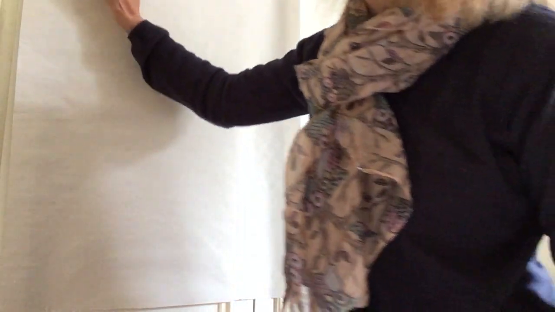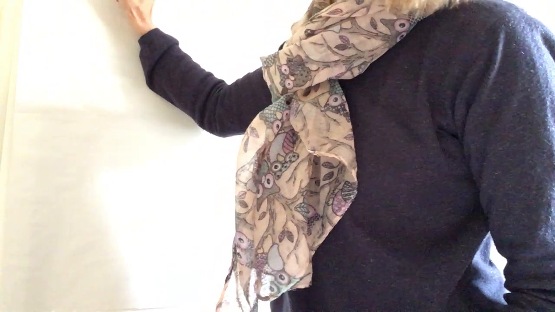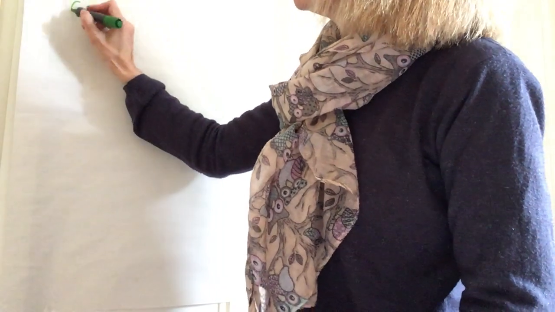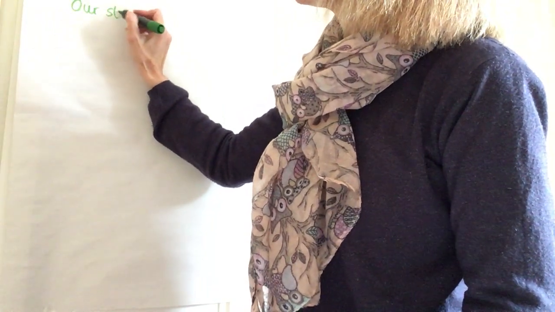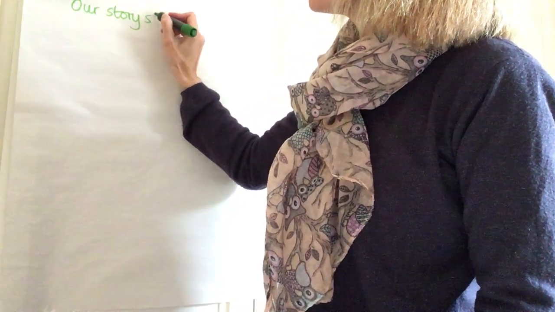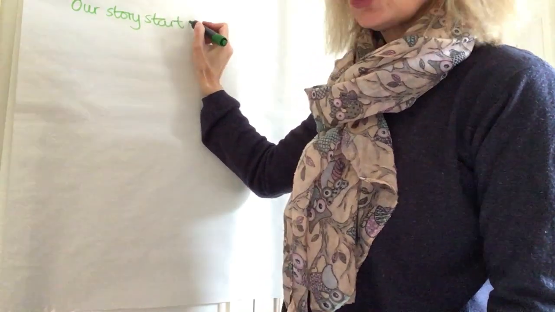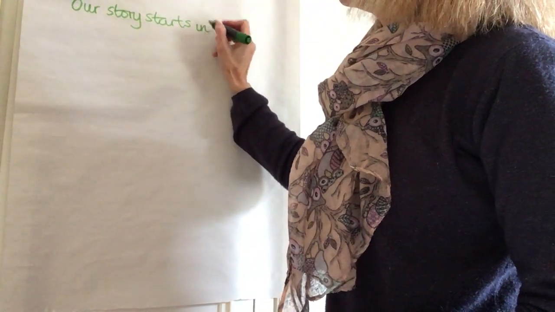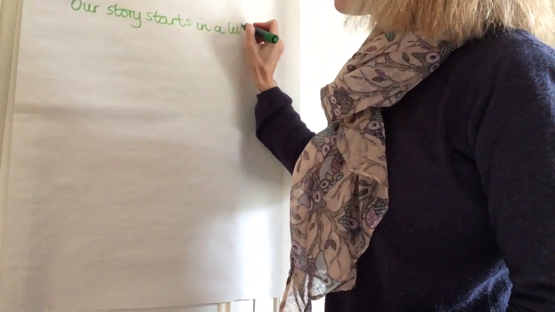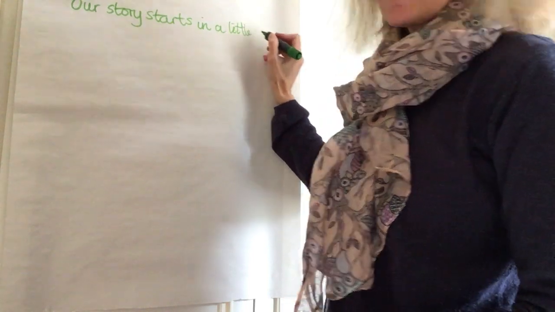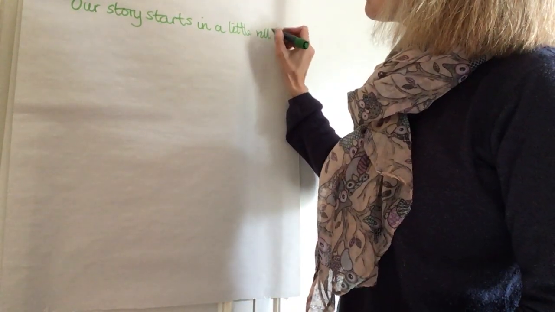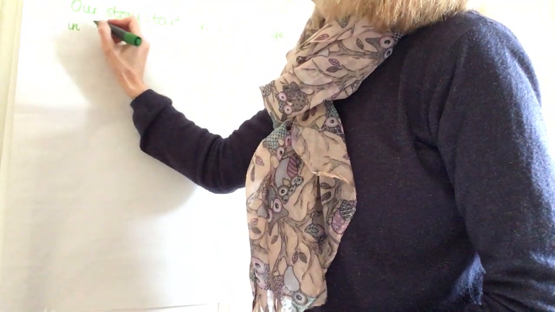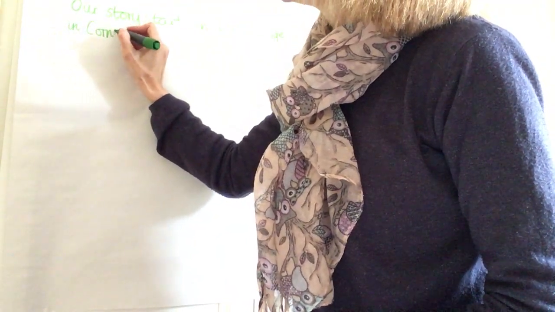If I'm writing it, I'm going to write the whole thing. Our story starts in a little village in Cornwall. This bit doesn't change. Don't forget your capital C, because it's a place.